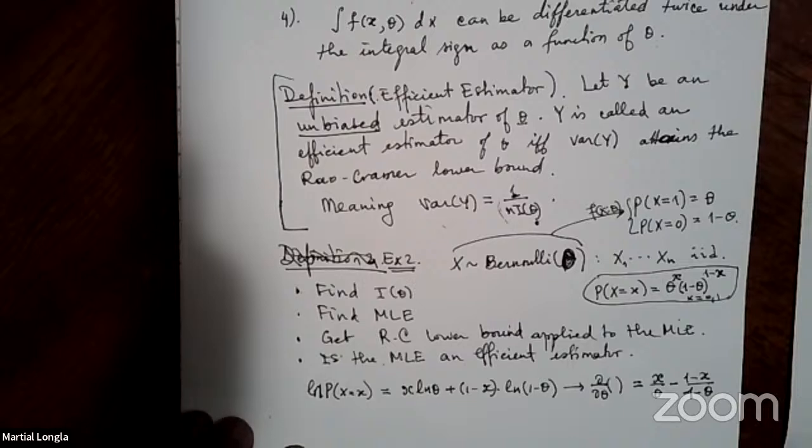That's the derivative. And to avoid having to square this and take the expected value, we can take a second derivative here.